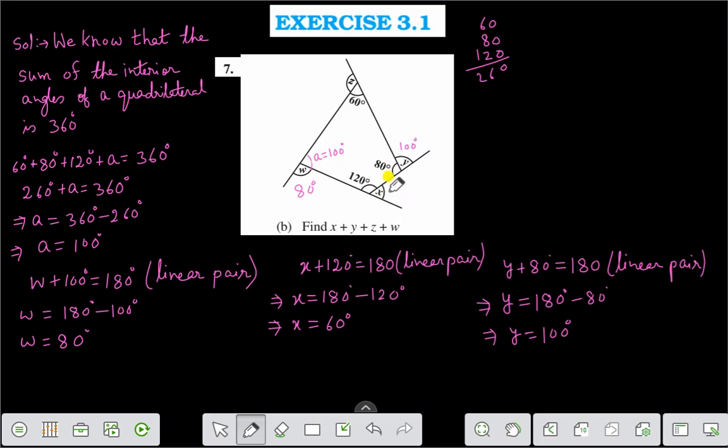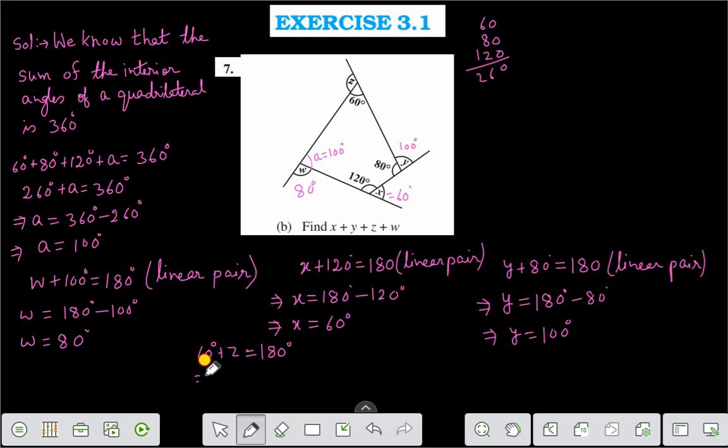And the value of x is equal to 60 degrees. To find the value of z, that is z plus 60 degrees is equal to 180 degrees. That is also a linear pair.